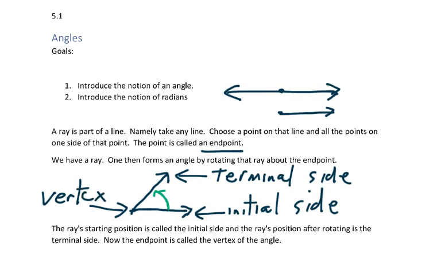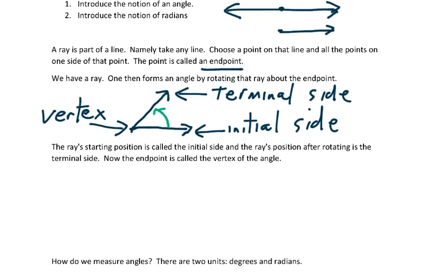Before, it was an endpoint, but once we have the angle, we call it a vertex now. So that's the vertex of an angle. So essentially an angle, let me draw this again for fun, is what you get when you take the ray and rotate it.